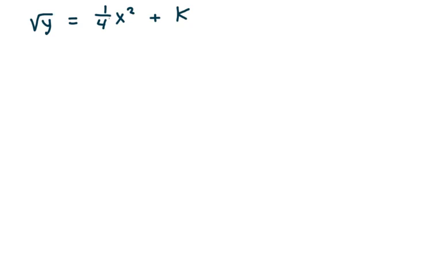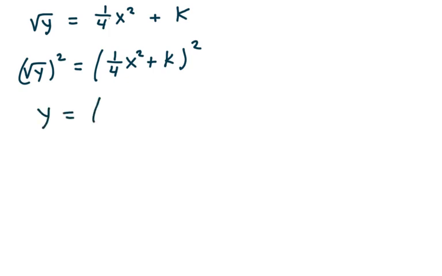Now, can I square both sides? So in other words, I'm going to take square root of y and square it. That's the left side. And on the right side, I'm going to get 1/4 x squared plus k, squared. And so y is 1/4 x squared plus k to the second, right?